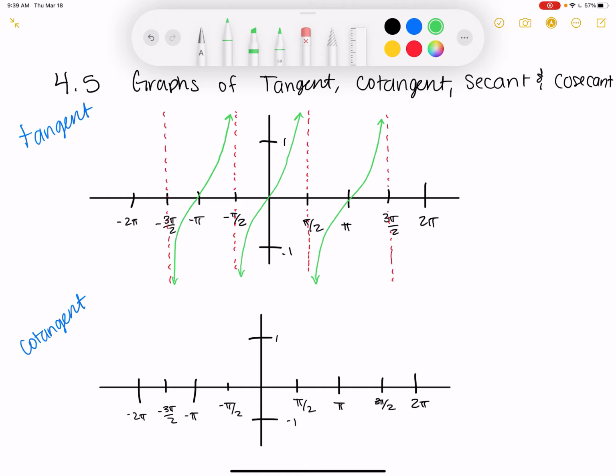Also, it has asymptotes at the zeros of the sine function, whereas tangent has the asymptotes at the zeros of the cosine function. Remember, tangent is sine over cosine, so wherever cosine is 0, that's where there's an asymptote. For cotangent, wherever sine is 0, that's where we're going to have an asymptote. So rather than it being at the pi over 2s, for cotangent, it's at the pi's.